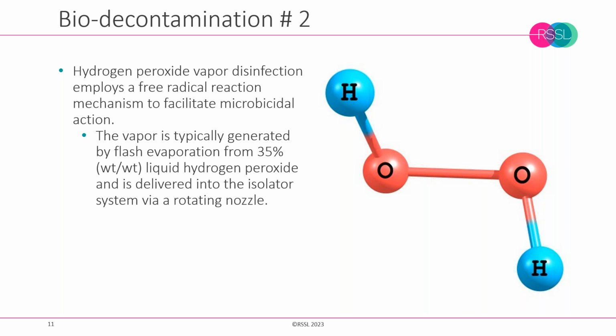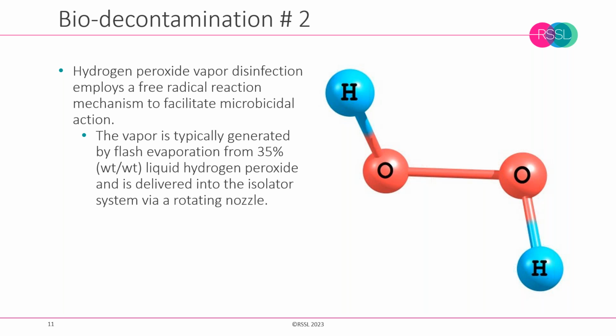So hydrogen peroxide vapor is typically generated by flash evaporation. So the starting point is typically a 35% weight by weight liquid concentration of hydrogen peroxide. And there is then a process of producing a vapor.